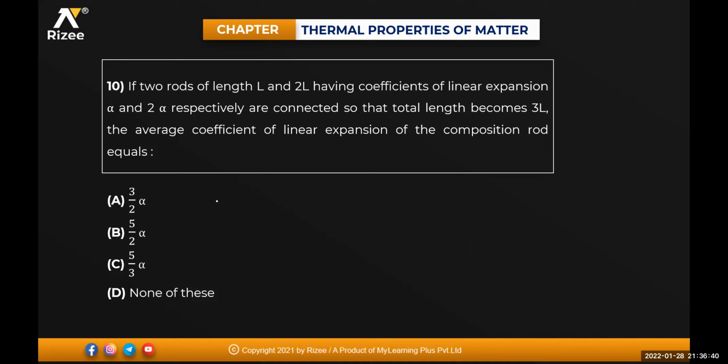If you got two rods of length L and 2L beta, this is your one rod of length L and another rod of length 2L of coefficient of linear expansion alpha, and this one is 2 alpha. Both of them are connected. So that the total length becomes 3L. Okay, now this is your total length. This is your 3L. So average of this one will be equal to how much for the composite rod?